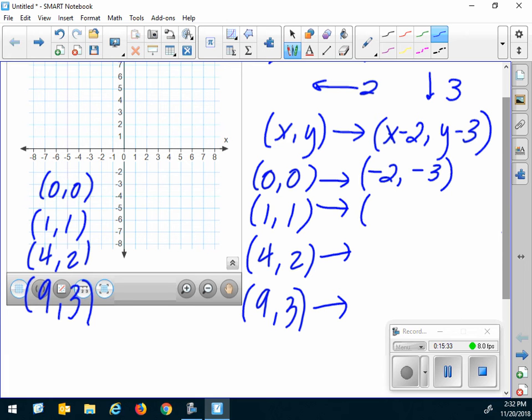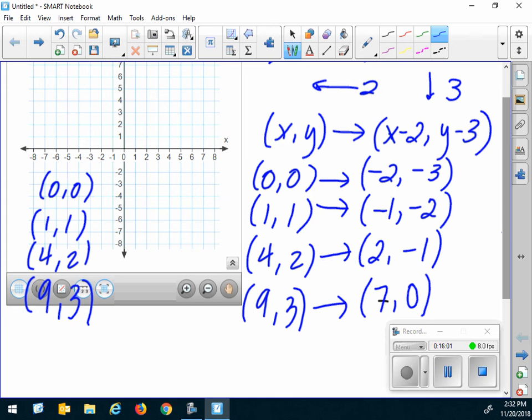Our second point, 1 minus 2 and 1 minus 3. Third point, 4 minus 2 and 2 minus 3. Good. And one more. 9 minus 2 and 3 minus 3.